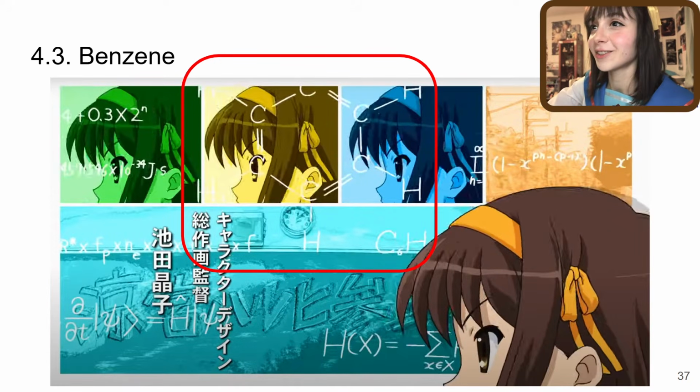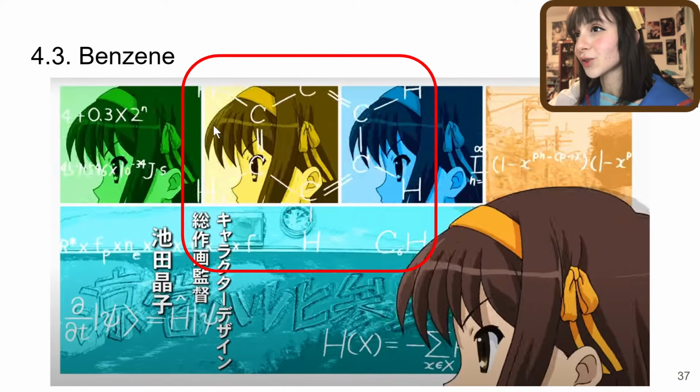So the last thing I want to talk about is a little bit on the molecular structure of benzene. Here we have a bunch of carbons, some hydrogens, and the formula written in here.